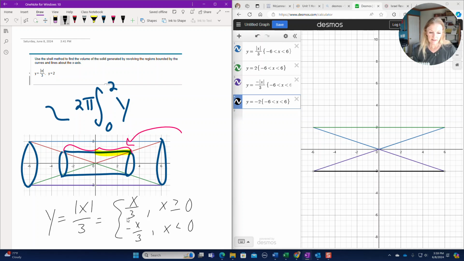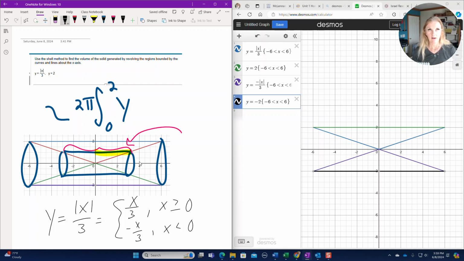So if you need to express this in terms of y, especially this curve, this is y equals x over 3. So you can think of this as x equals 3y. And you double that. Because the whole distance, or you could say subtract, if you think of x equal to negative 3y also, you have 3y minus negative 3y, which means you can just double them.